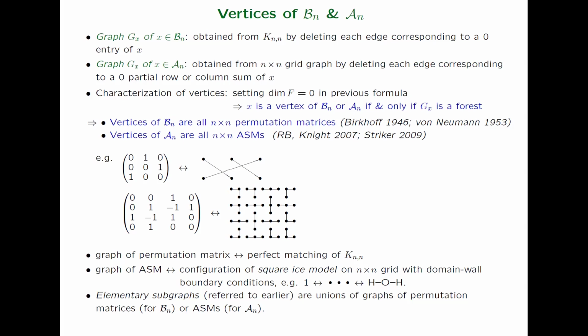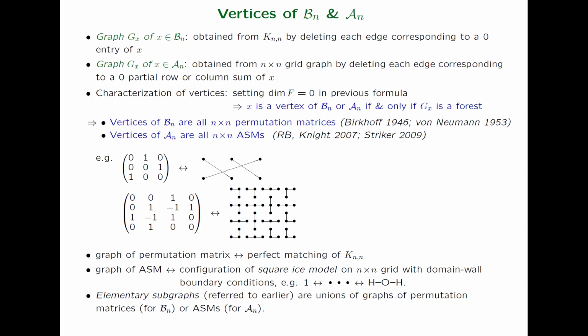Going conversely, if we want to show that every vertex is a permutation matrix, then according to this, we need to show that every component of the graph of the vertex is just a single edge. So we need to show that each component is a tree.